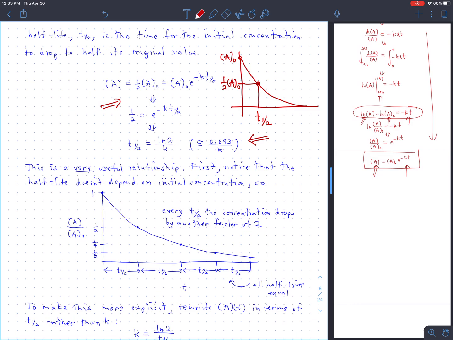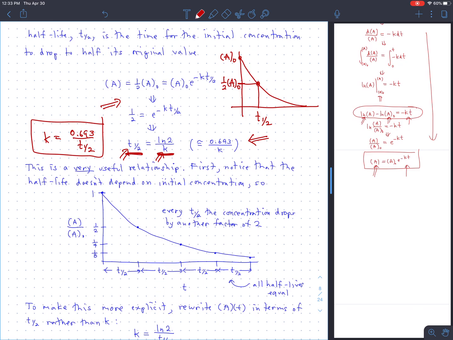One is that the half-life is almost the same information as the rate constant itself. If I know the half-life somehow, if I measure it, I can get the rate constant by just multiplying by 0.693 and dividing by, well, let me write it, k is equal to 0.693 over t1/2, right? It works in reverse too.